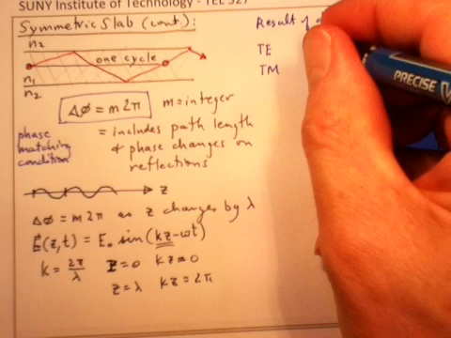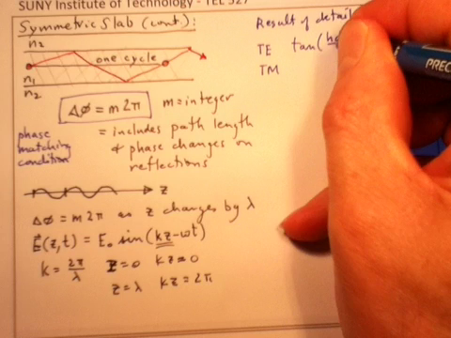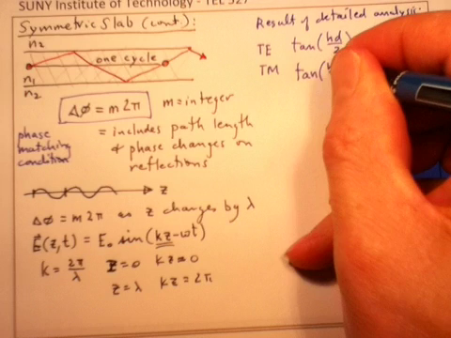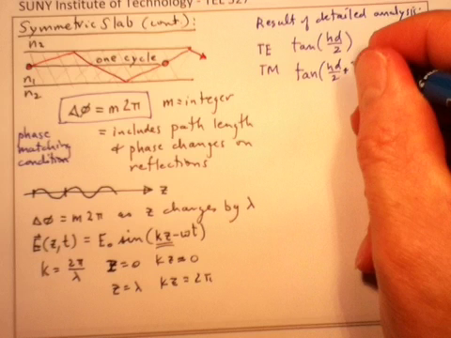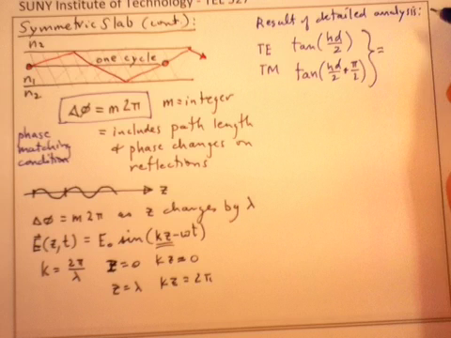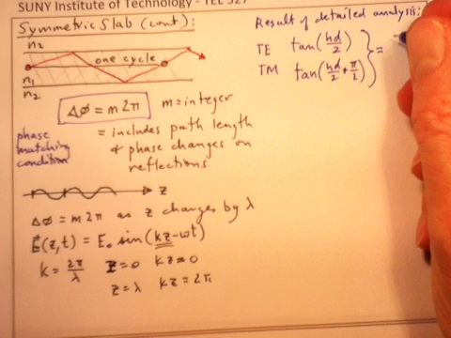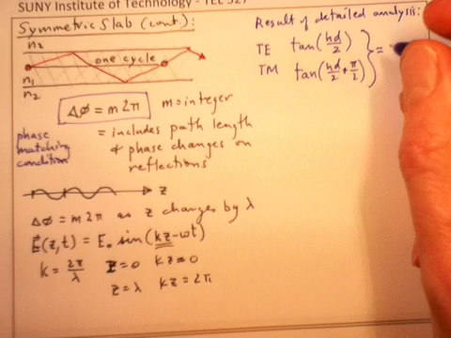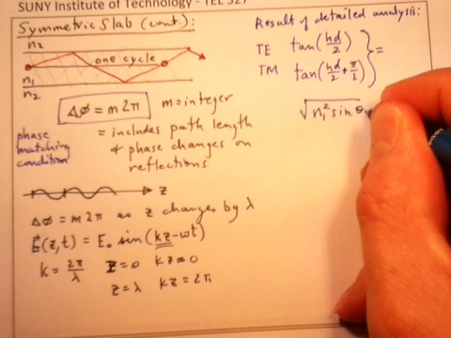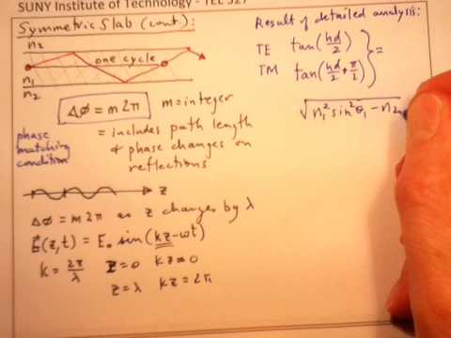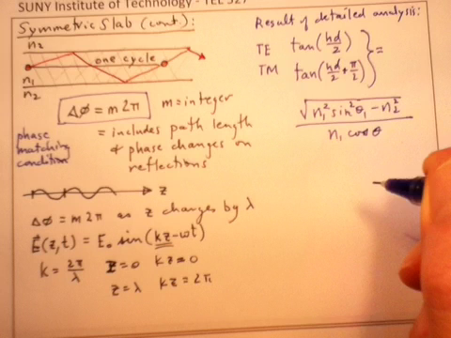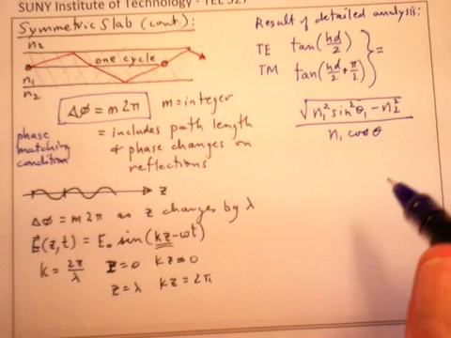For TE we have the tangent of hd over 2, and for TM we have the tangent of hd over 2 plus pi over 2, and this is equal to the square root of n1 squared sine squared theta 1 minus n2 squared, all over n1 cosine theta. Okay, so this is the phase matching condition.